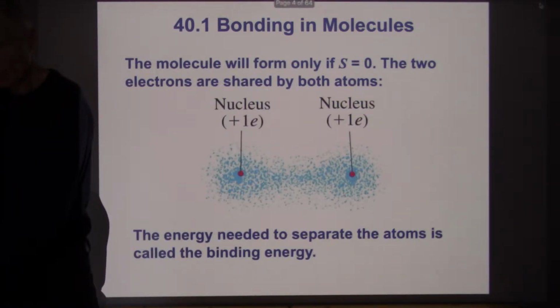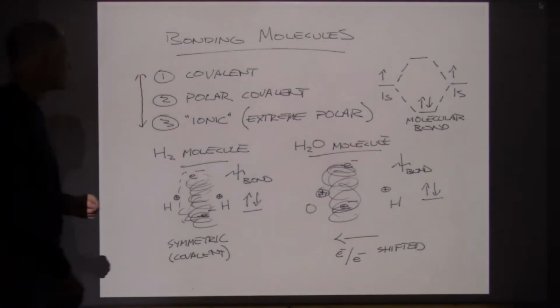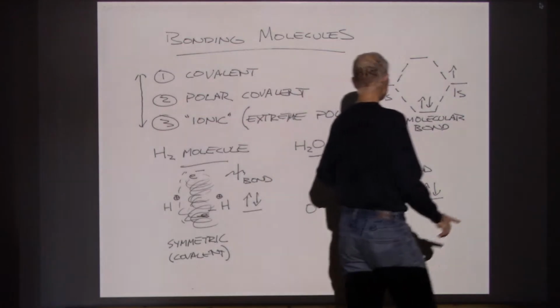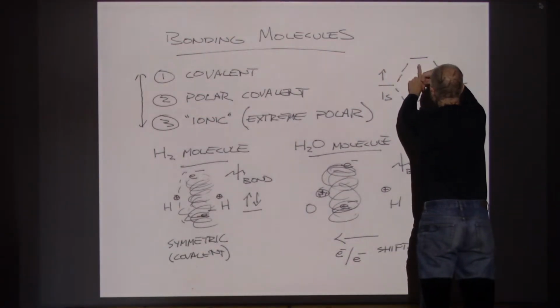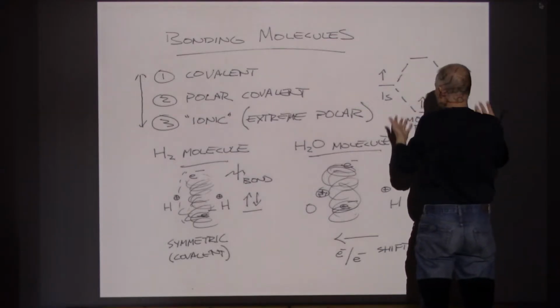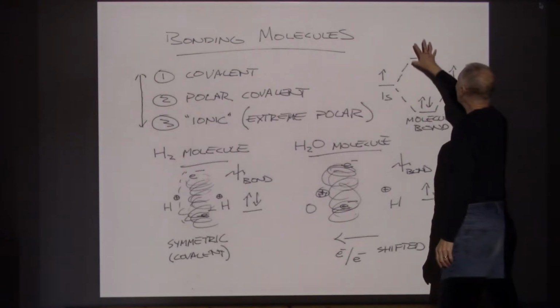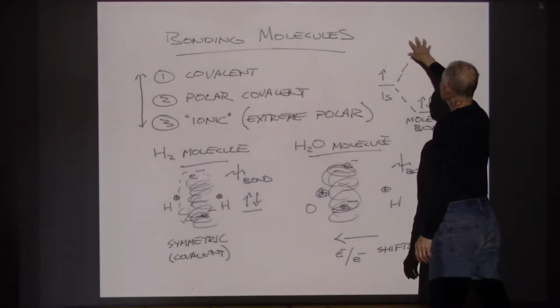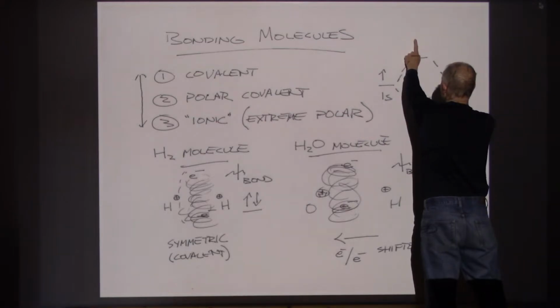Okay. Now, it's easy enough. Flipping a spin doesn't involve much energy. So it's easy enough to say along the way, the spins on the electrons are going to need to flip. And that's true whether they both end up in the lower state or if they both end up in the upper state. Now, if they both stay spin up, then they would have to go into two different states.